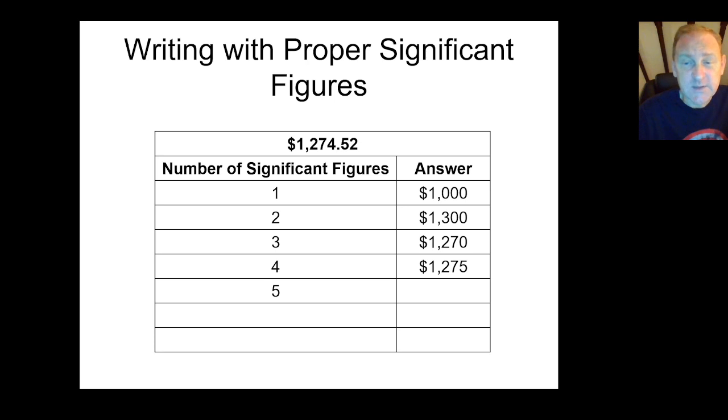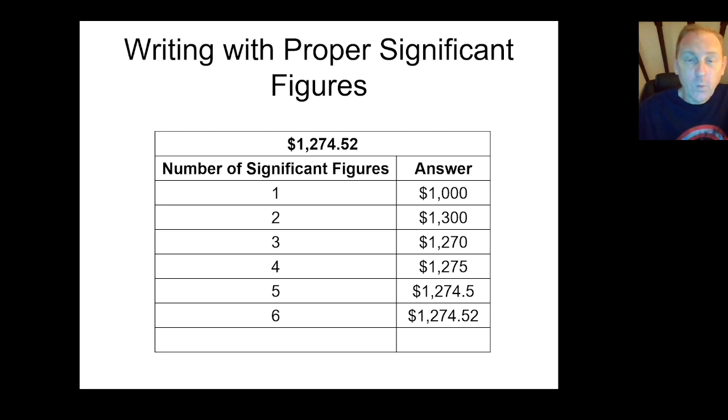If we were going to do this in 6 significant figures, I would stop at this point here. And remember, there's a decimal place here. So if I added another 0, that would make it significant because there's a decimal place. So I have to leave that off. With 6 significant figures, that's exactly what it is, 1,274.52.